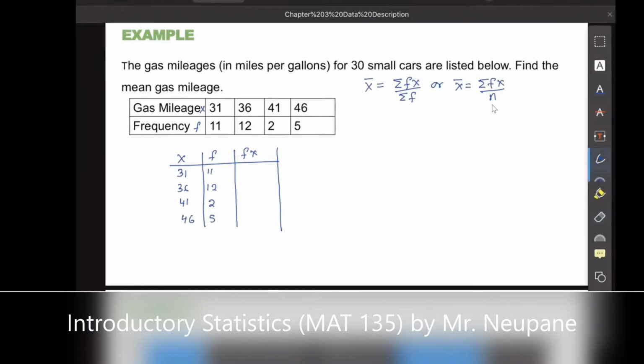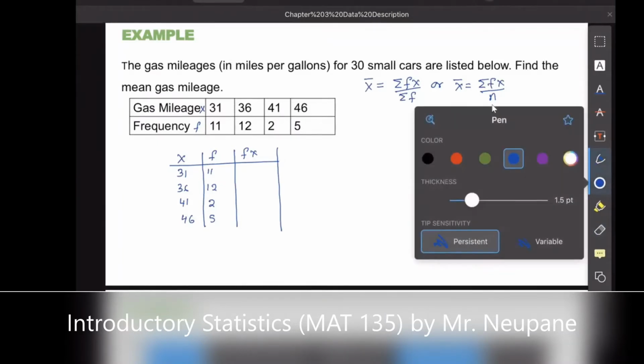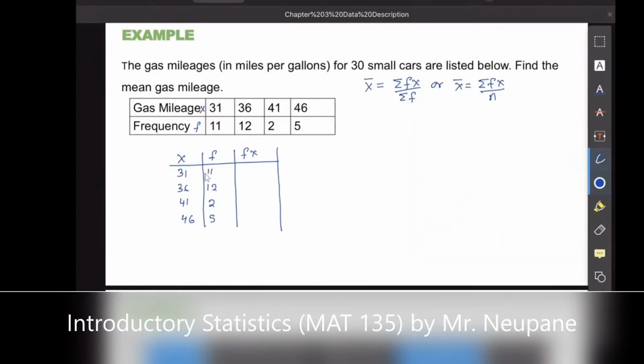Now I want you to multiply and write those values here: 31 times 11, 36 times 12. Let's first do it together. What is 31 times 11? 341.